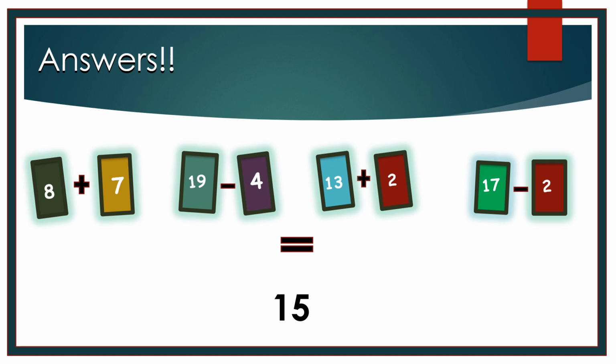And 17 minus 2 is also, again, 15. So this is the fun in maths. You can use different pairs of numbers and still arrive at the same answer. Here we used almost 4 pairs and yet our answer is 15. Isn't it great? I hope you liked it.